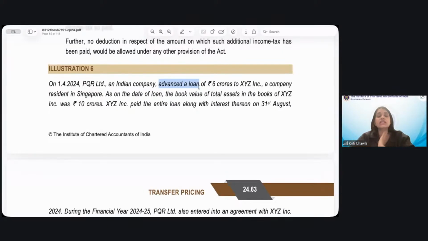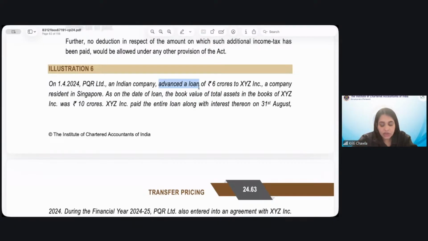Clause C says that two entities will be associated if one entity gives a loan to the other entity of 51% or more of the book value of total assets. As I mentioned before, in questions on provision of loan, you have to take care of a lot of things. First, the threshold is 51% or more. So at 51%, they can become associated. More than 51%, obviously, they are associated.